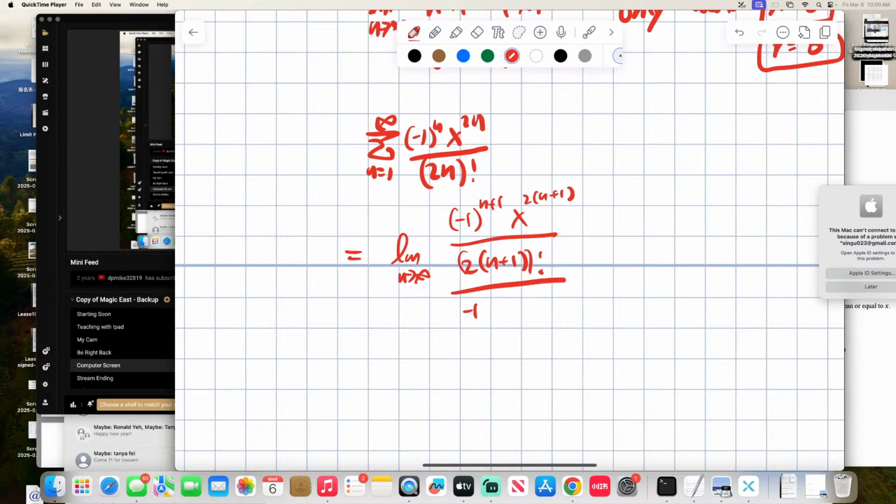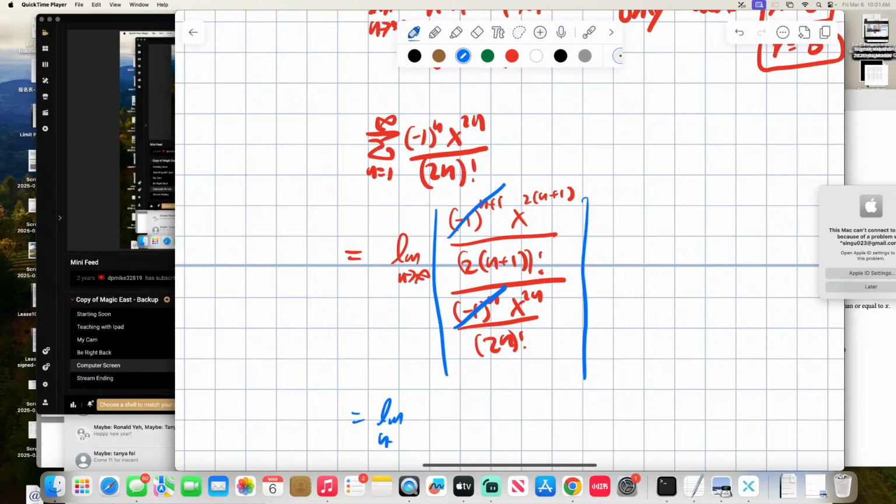All over negative 1 to the n, x to the 2n over 2n factorial. Now, if you do absolute value, everything is going to simplify, especially the negative 1. And here we're going to rewrite as limit n approaches infinity of x to the 2n plus 2. Now the bottom is going to be 2n plus 2 factorial, right?